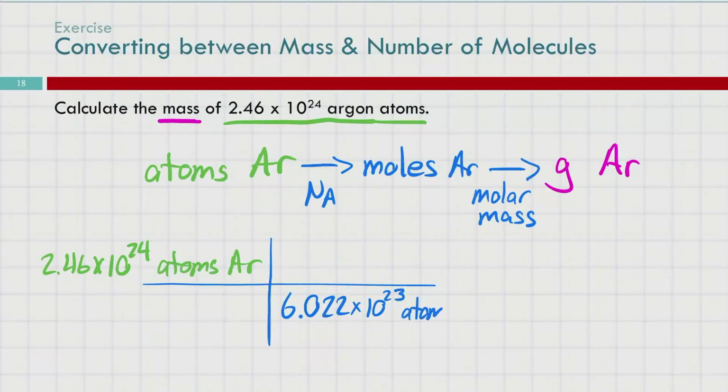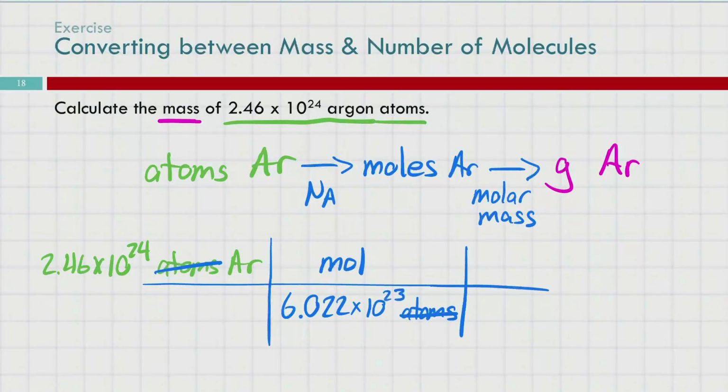That will have atoms with it, and moles will be the other side of the coin. So our atoms cancel. If you did this stepwise, the number here would be like 4.